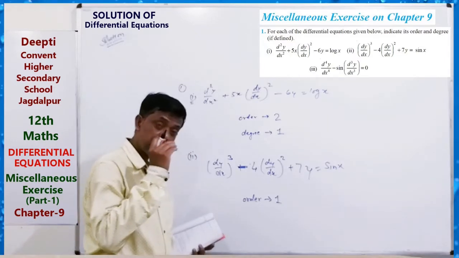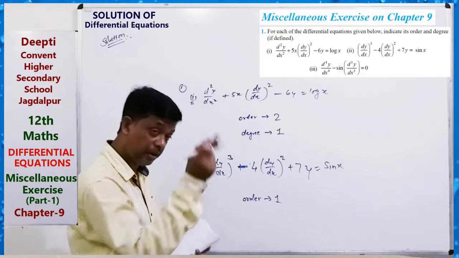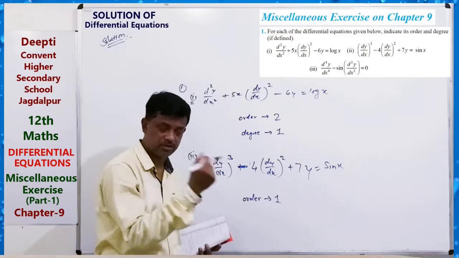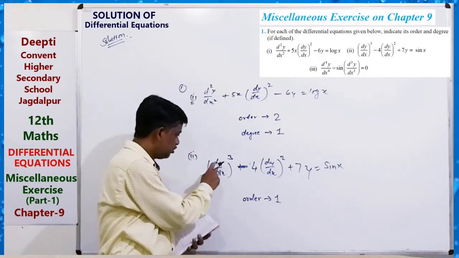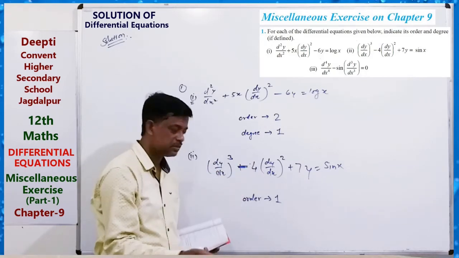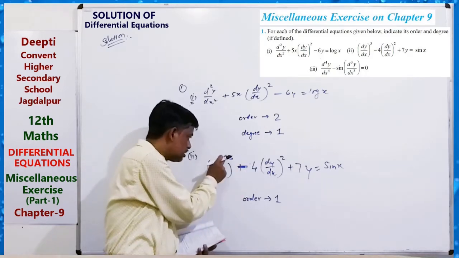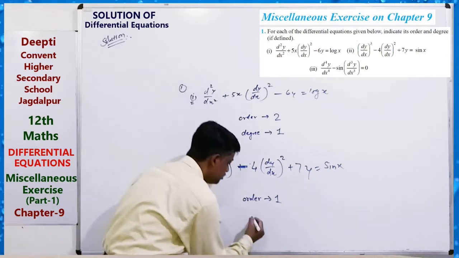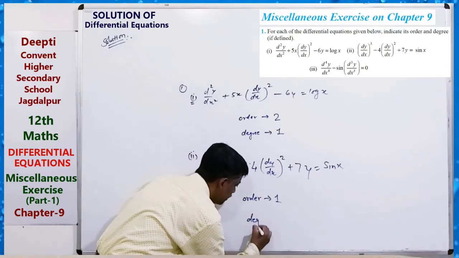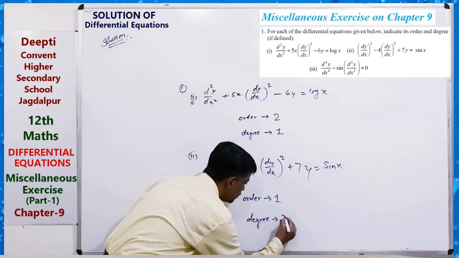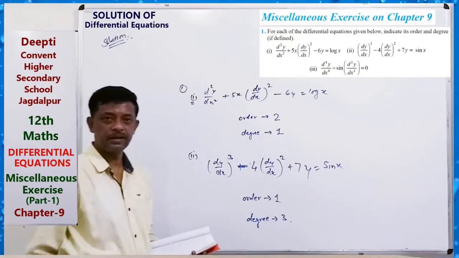The powers of dy by dx are 3 and 2, so the highest power is 3. So the degree is 3. Clear?